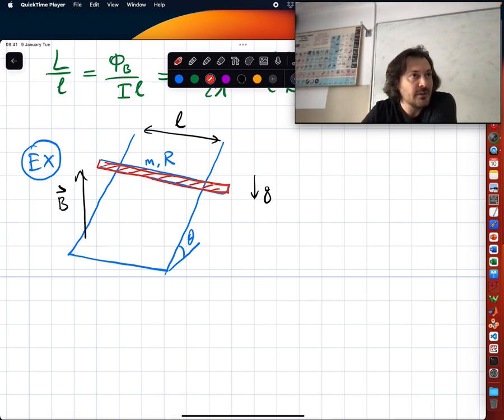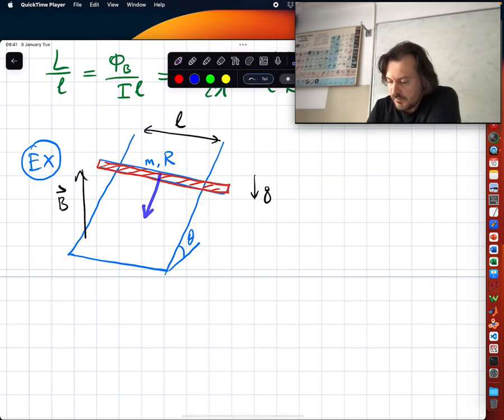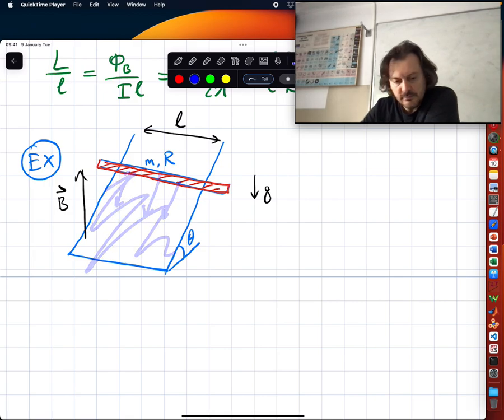So what's happening here? The rod is sliding and magnetic flux is decreasing. Yes, so there will be induced currents in clockwise. Yes, very good. So it's going down, and while it's going down, it's reducing this area, right?